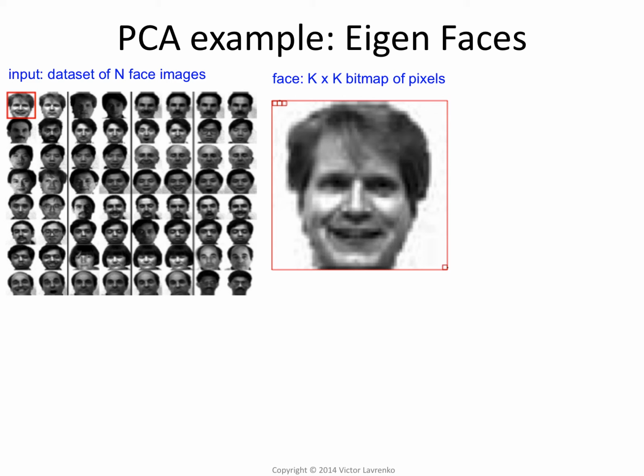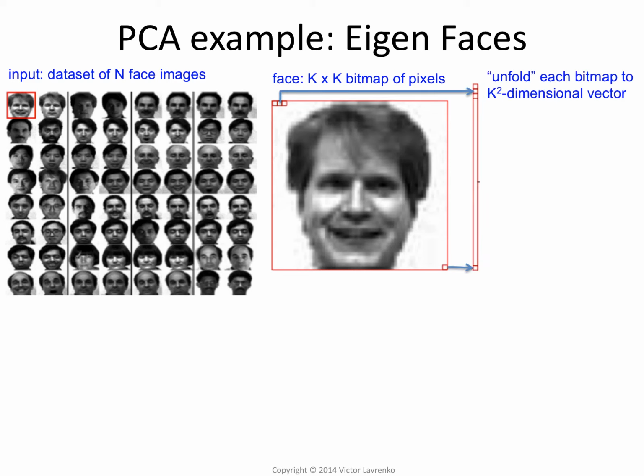So I'm going to take this bitmap, which is a k by k matrix of pixels, and unfold it into one long vector. I'll take the first row and unfold it as part of the vector, then the second row goes below it, and the last row goes at the bottom. So it's going to be a pretty big vector with k squared components, but it's a normal vector.